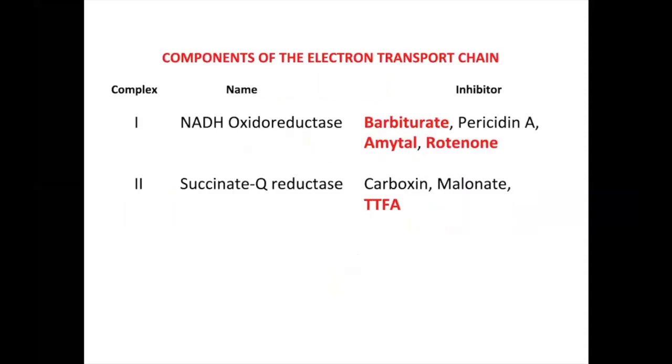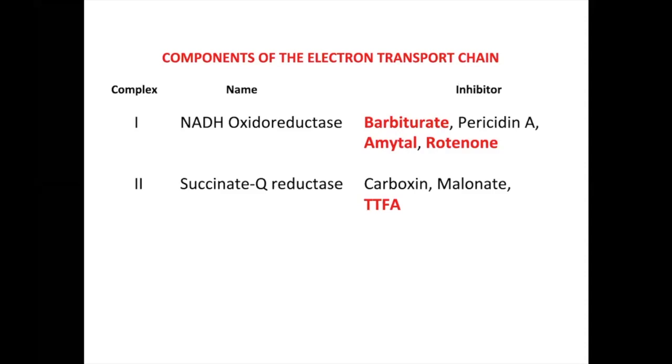So let's start the ball rolling. In the first column, you have the complex, the components of the electron transport chain, the name of the enzyme, and the inhibitors. Now, please pay attention to the enzymes, the inhibitors, the substances which are highlighted in red.